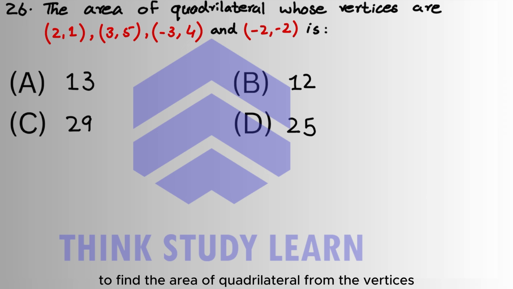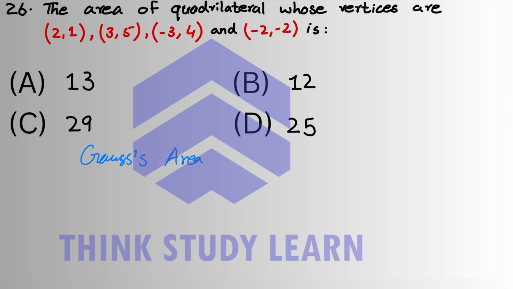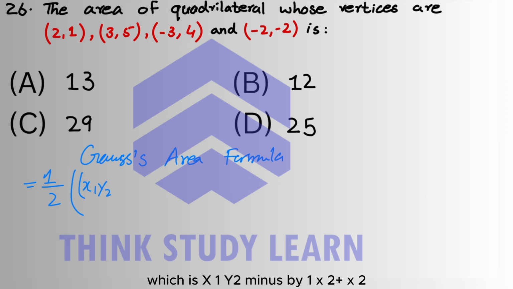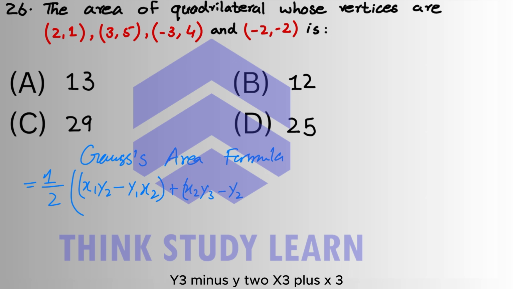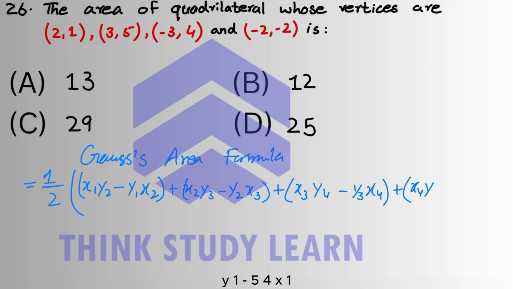So to find the area of the quadrilateral from the vertices given in the question, we will use the Gauss area formula, which states we can find the area of a quadrilateral if we are given vertices from the formula: x1 y2 minus y1 x2 plus x2 y3 minus y2 x3 plus x3 y4 minus y3 x4, similarly plus x4 y1 minus y4 x1.